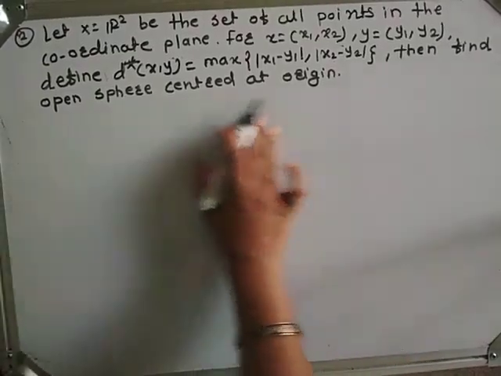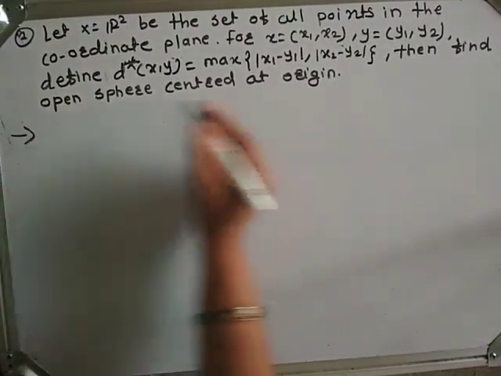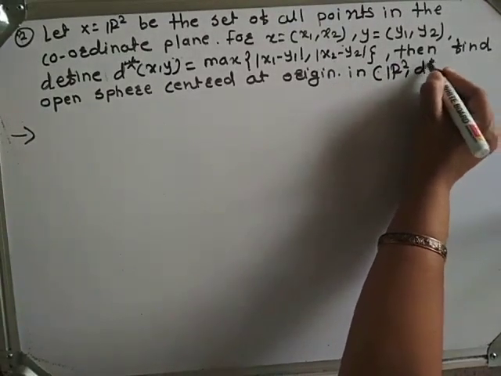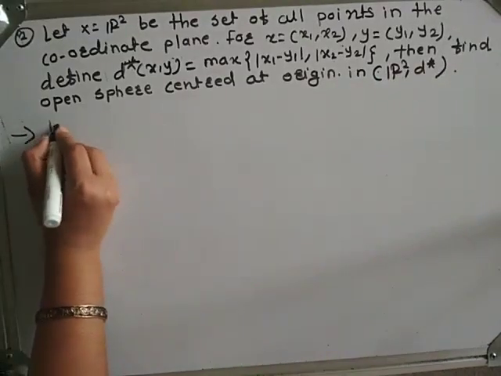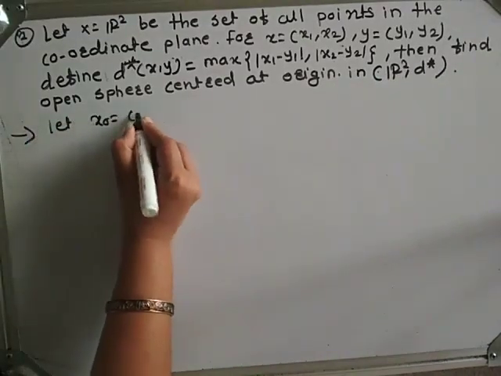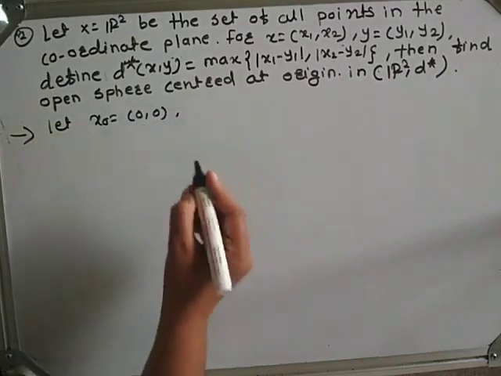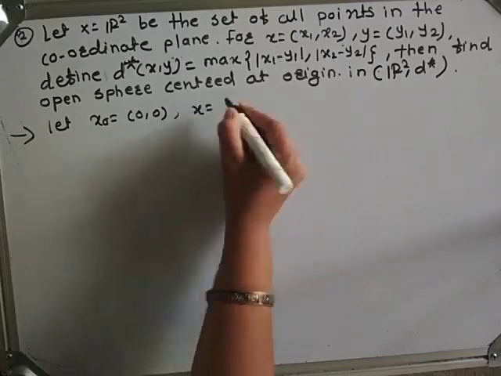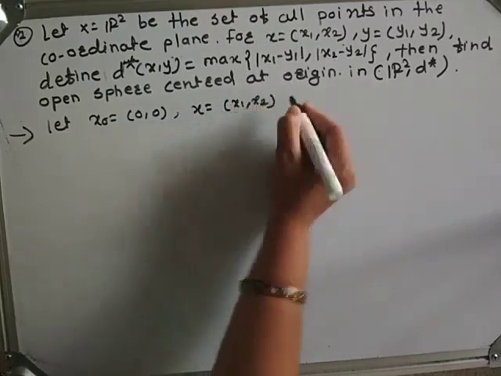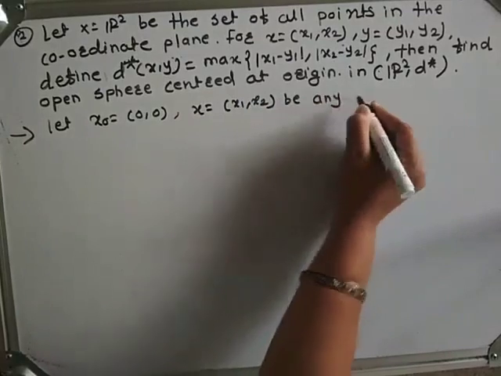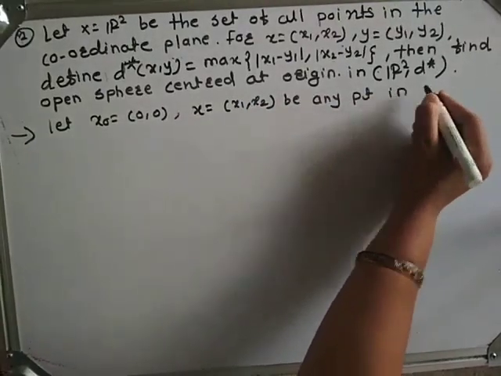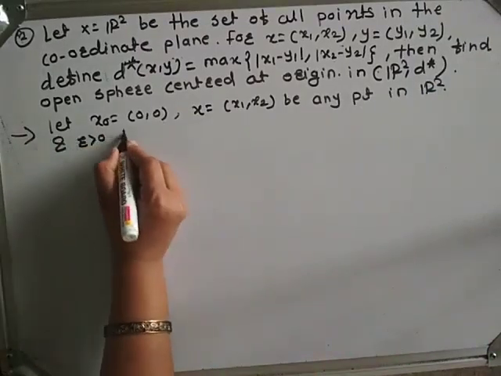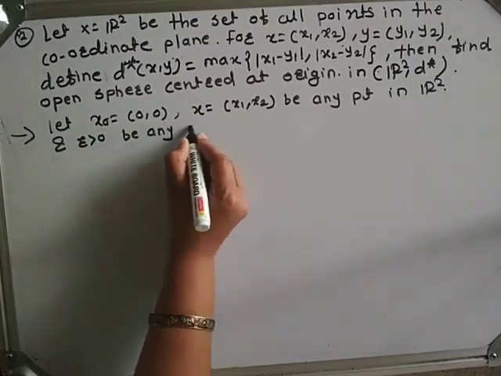Then we have to find the open sphere centered at the origin in (R2, d star). Let x0 = (0, 0) be the origin, and let x = (x1, x2) be any point in R2, and r greater than 0 be any real number.